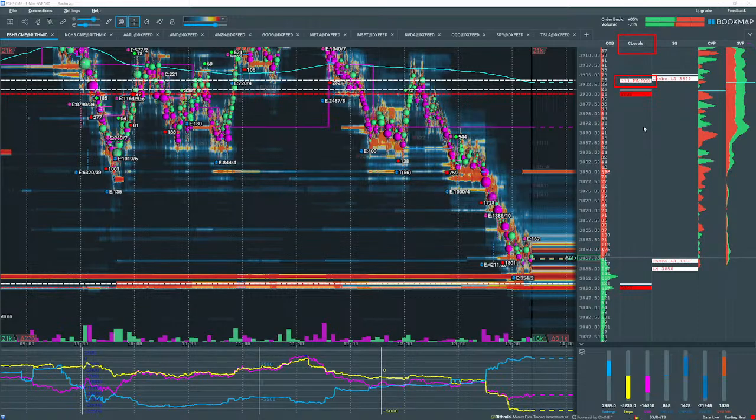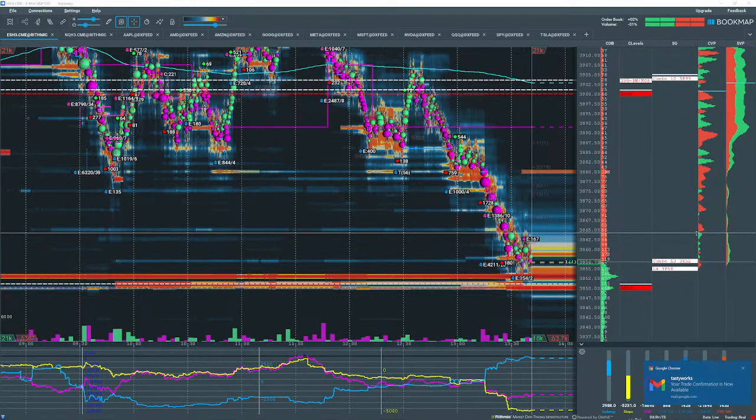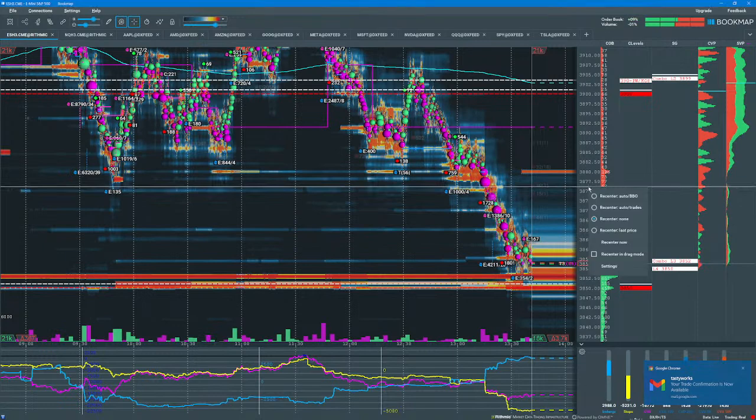So that's the SPY 390 put wall key gamma strike. And then this, it's hard to see, this white bar here is actually the 3850 level at, I think, a more accurate level. And then I'm also showing the ES round number levels, the 50s and the zeros. So those are the levels that are in play now.